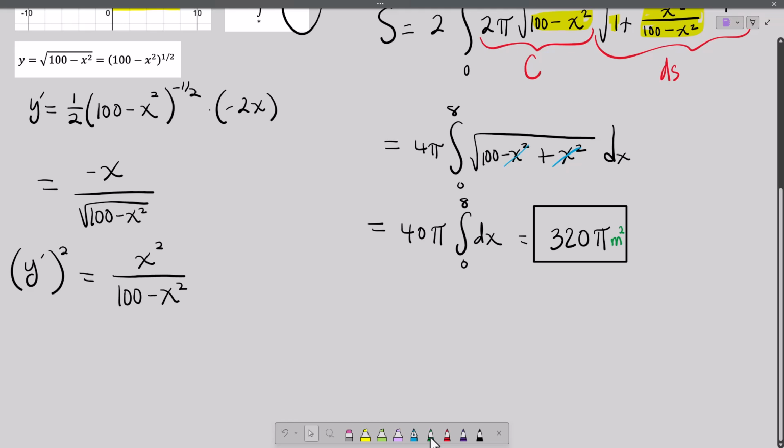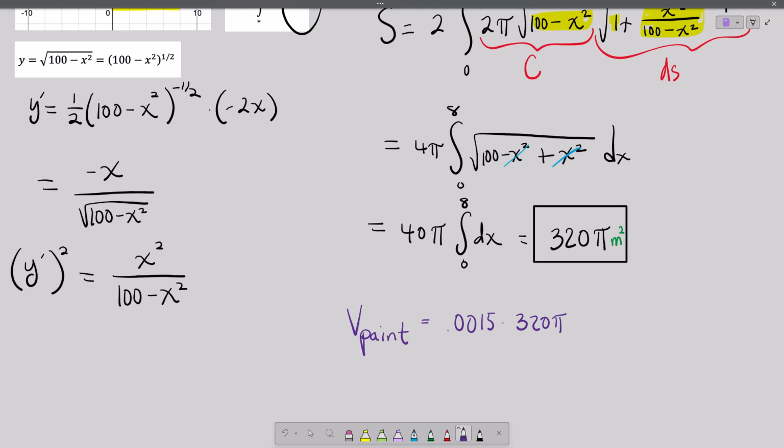So the volume of paint will equal 0.0015 multiplied by 320 pi. And that's going to give us an approximation of something. I can't do that one in my head.